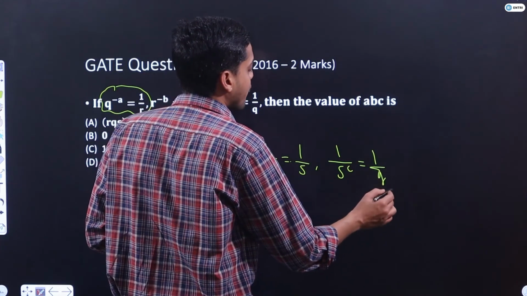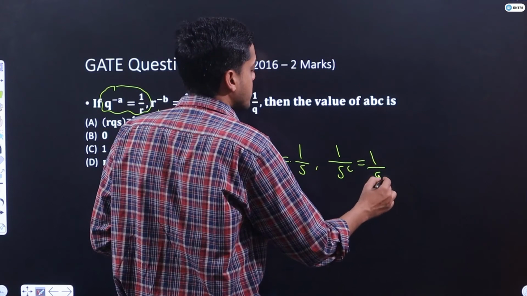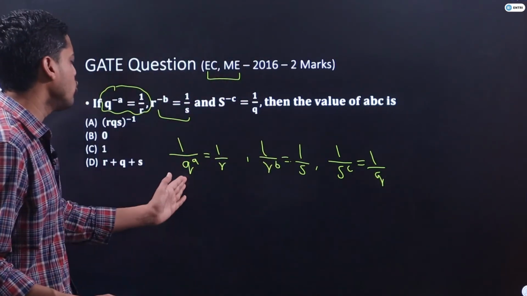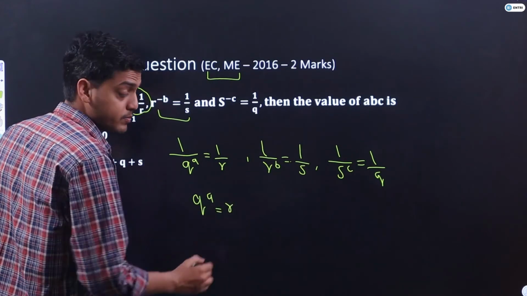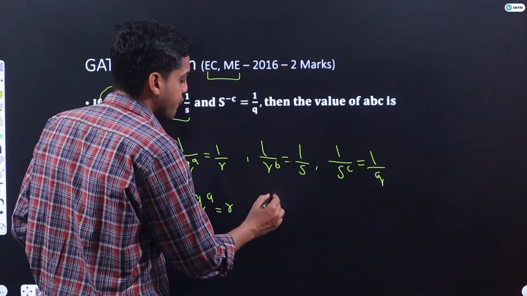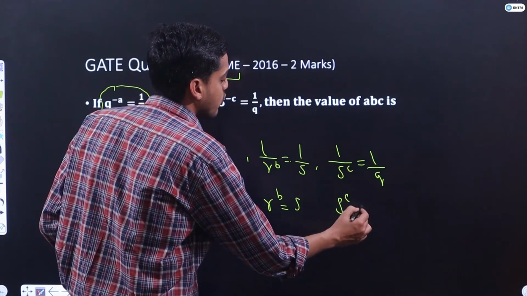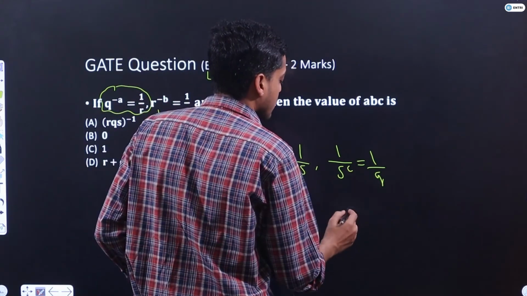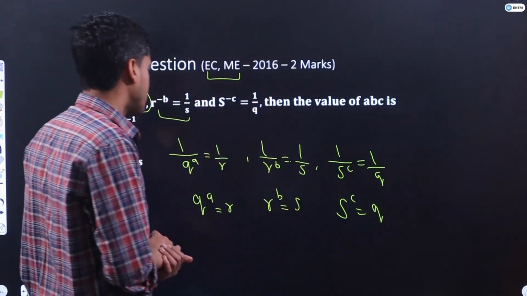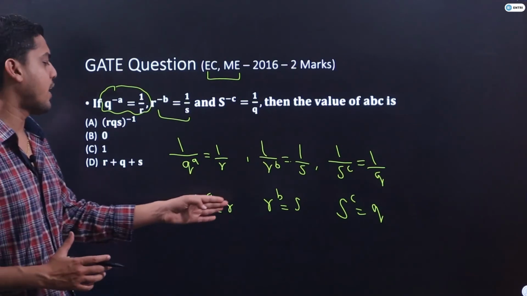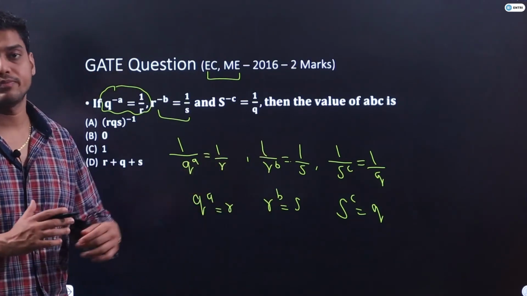So ultimately, q to the power a equals r, r to the power b equals s, and s to the power c equals q.